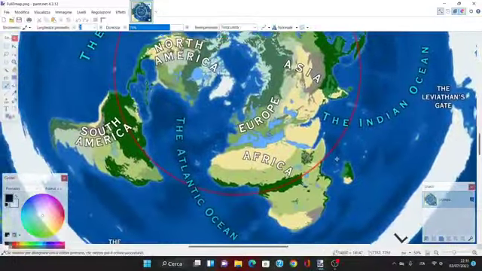As you can see, this map is not political, in the sense that it does not show the political boundaries or political entities that inhabit the lands of Earth and the continents outside of Earth.